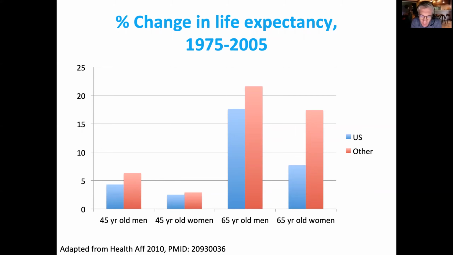And you see that the other countries, mostly, again, developed Western European countries and Asian countries and whatnot, have experienced a much greater increase in life expectancy than we have, in spite of the fact that they spend far, far less on medical care than we do. So this isn't just a matter of bad habits.